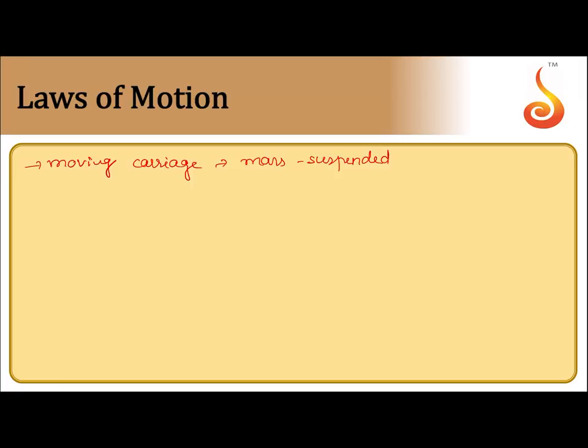Okay, so this is the arrangement. Here is a moving carriage and it is moving and the mass is suspended. It is like a pendulum. Now let us consider a couple of cases here. Let us see what are all the different cases and how to solve them.